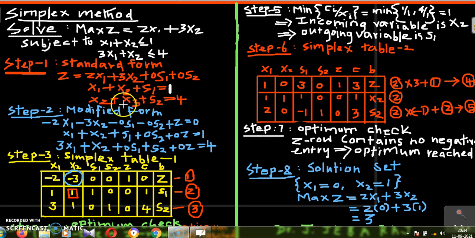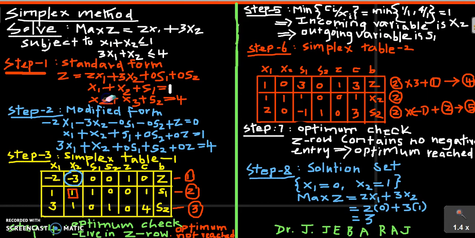Something wrong is going on, I think. Here you must note that it is x1 and here it is x2. So x1 plus x2 plus s1 is equal to 1 here.